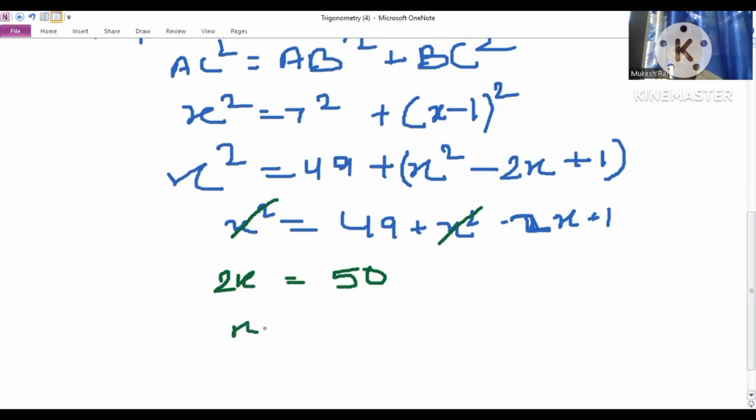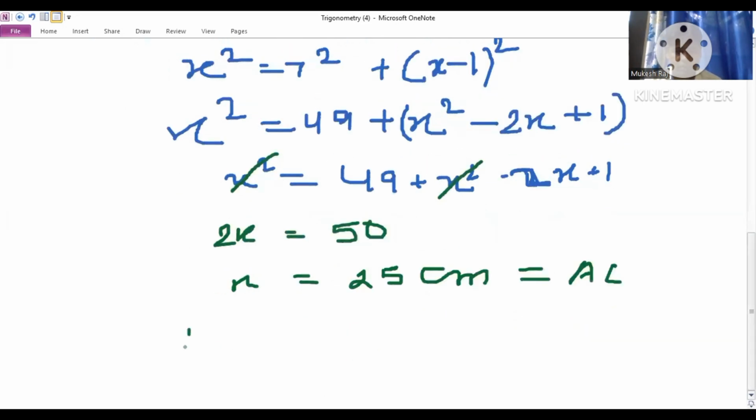From here, I get the value of x as equal to 25 centimeters. Now we have already assumed that x is equal to the hypotenuse of the triangle, that is AC. So here we have obtained the value of AC.